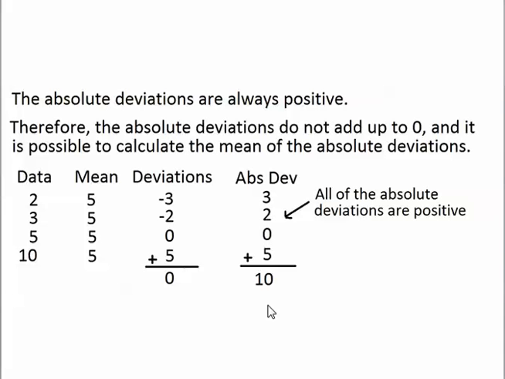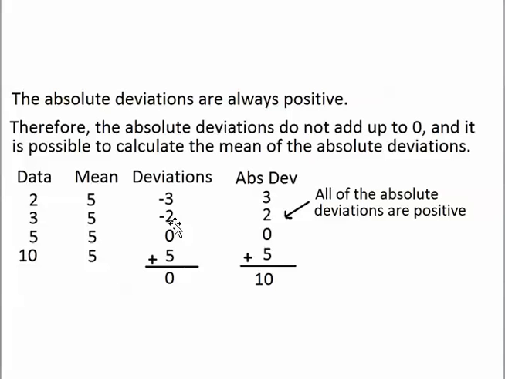Another way to make all of the deviations positive is to square each deviation. What I mean by squaring is multiplying each deviation by itself. If we multiplied -3 by -3, we would get 9. If we multiplied -2 by -2, we would get 4.